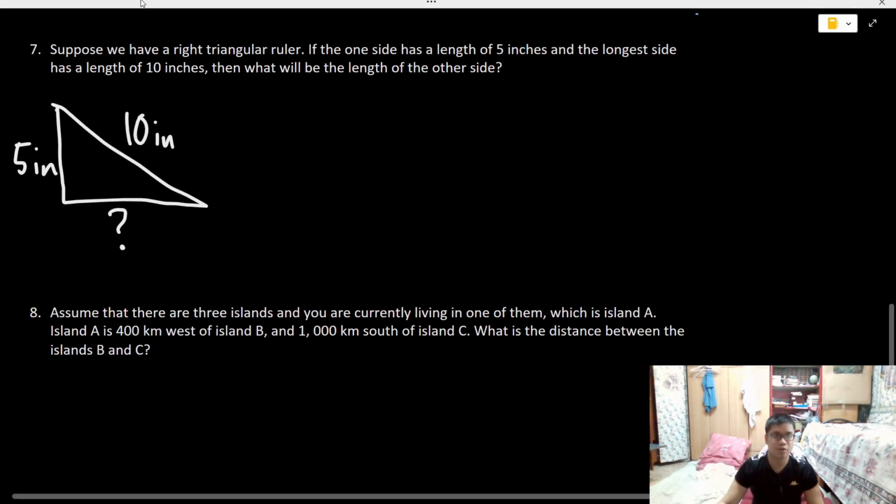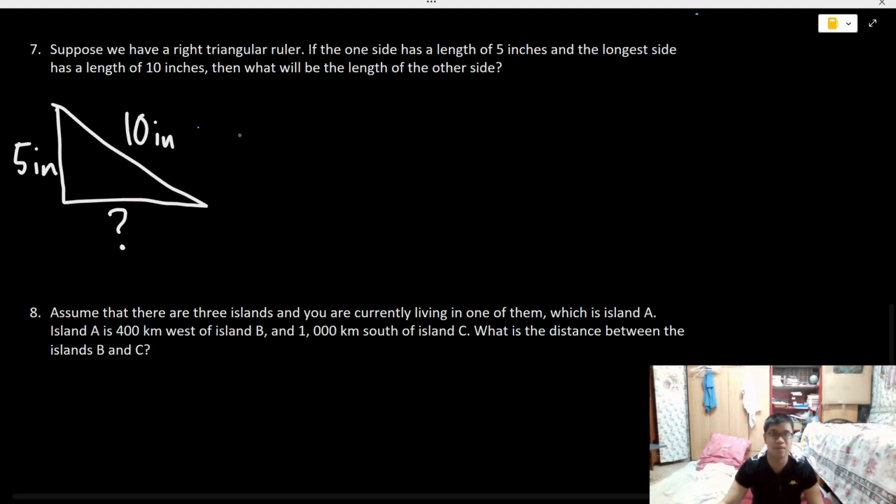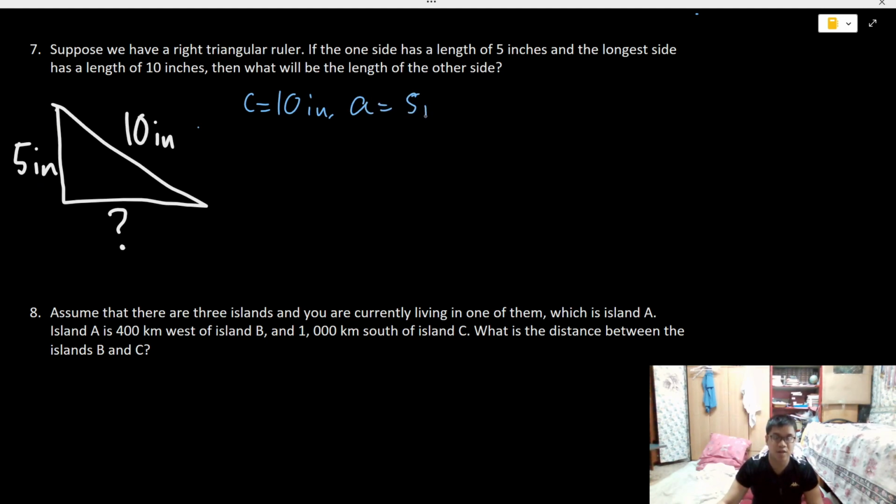With that, we can tell which one is the C, which one is the A, and which one is the B. Your C is obviously the longest side, so we let C be 10 inches. Then A can be 5 or B, it's up to you. For me, I'll represent it as 5 inches. Because I represent 5 inches as A, the missing side shall be represented as B.